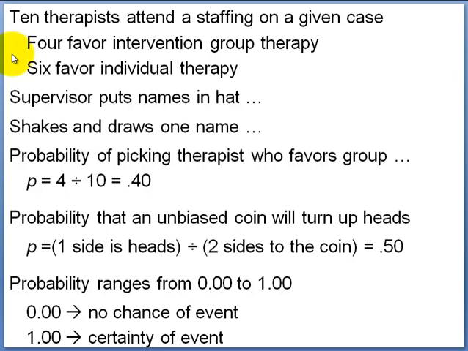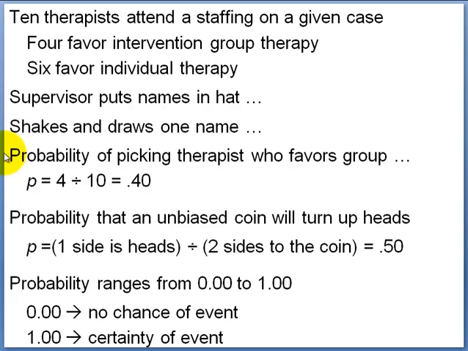Let's calculate probability in the simplest of situations. 10 therapists attend a staffing on a given case. 4 favor intervention by group therapy, 6 favor intervention by individual therapy. A supervisor puts names in a hat. She shakes the hat and draws out the name of a therapist.